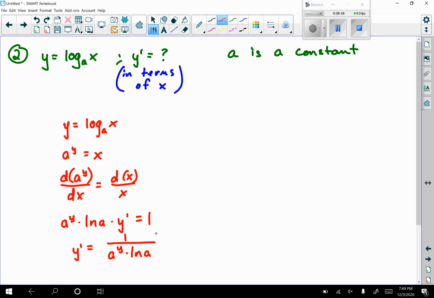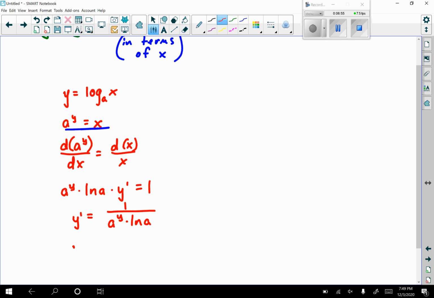But again, we want this in terms of x. So if you notice right here, a to the y is equal to x. So now this becomes y prime is equal to 1 over x times the natural log of a.